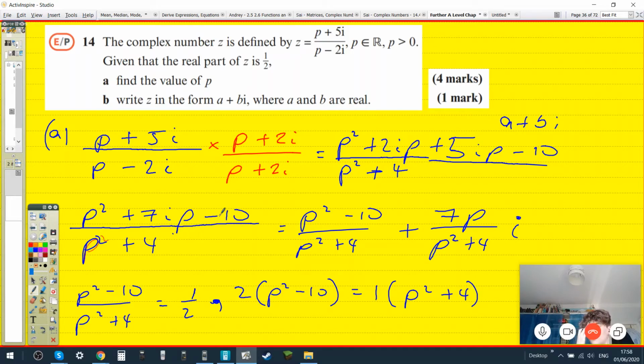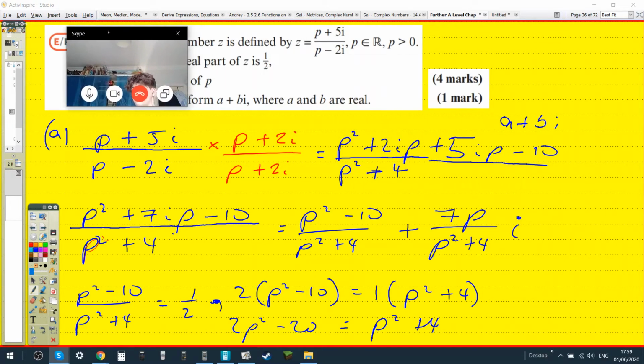So then multiply out on the left-hand side. So 2p squared equals minus 20 equals p squared plus 4. And then bring it over.